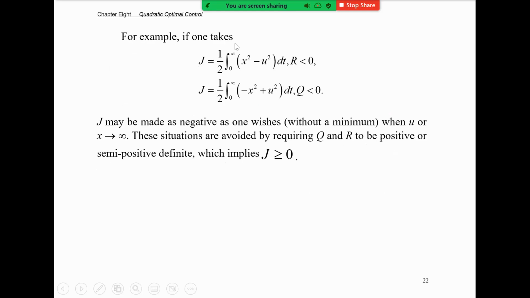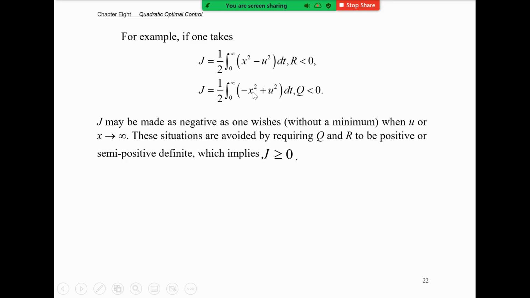For example, if we put some negative sign in this cost function, it may be made as negative as one wishes when the input goes to infinity. Here you want to minimize this, but it does not have a minimum value. If I let U go to infinity, the same is true for this one. If I let X go to infinity, this J will go to minus infinity. That's not what we want. We want to have that minimum value.